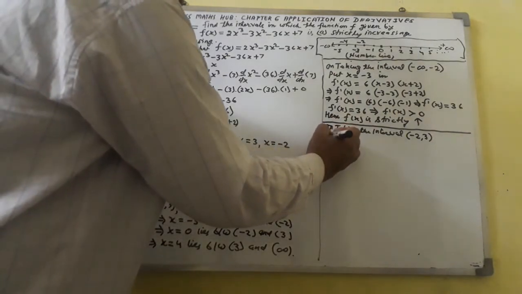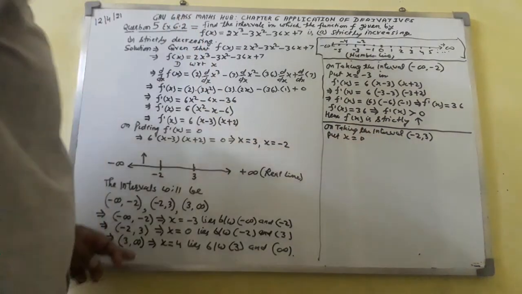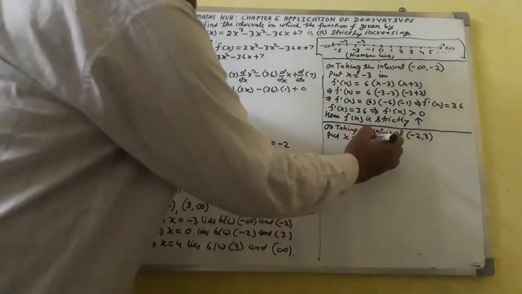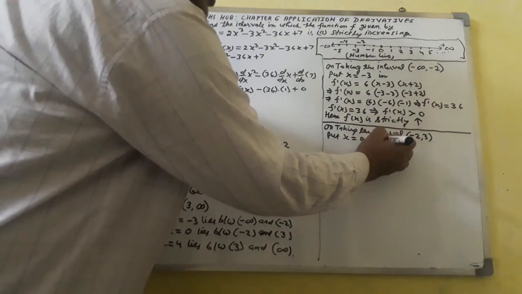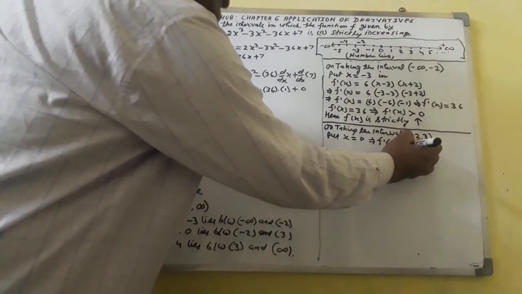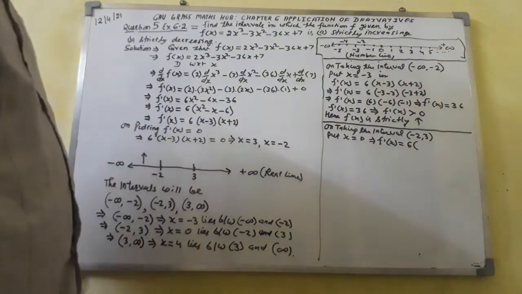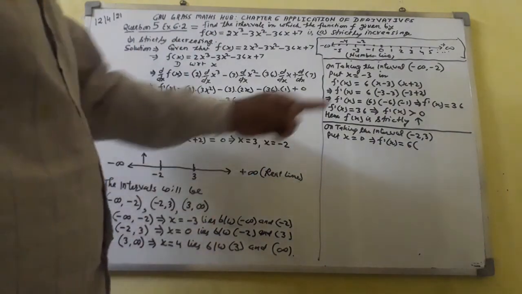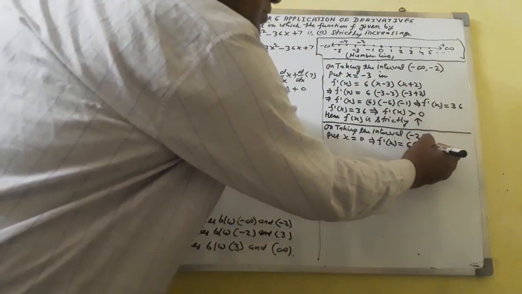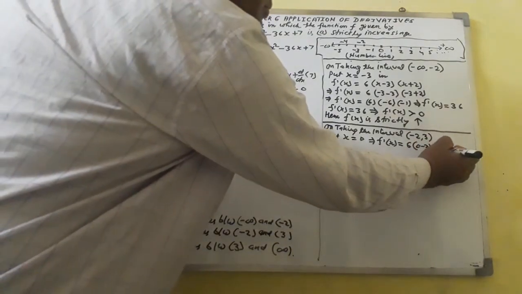Put x equal to 0, second one, implied that f dash of x equal to 6, in place of x write 0, 0 minus 3. Here also 0 plus 2.